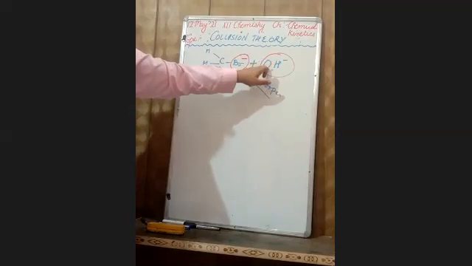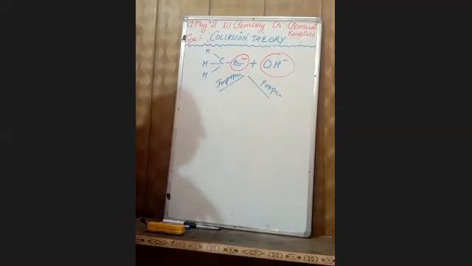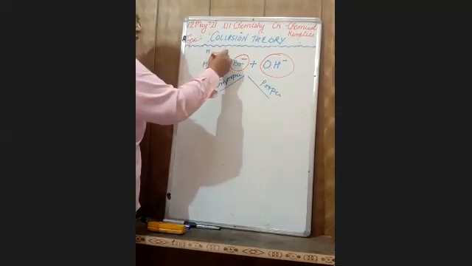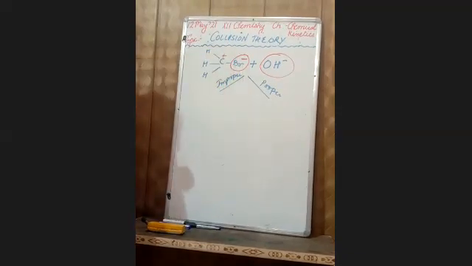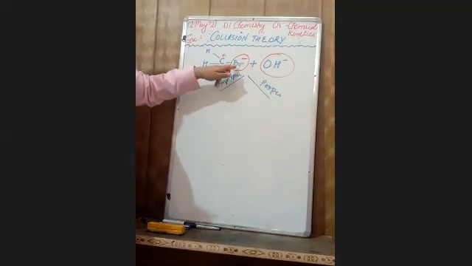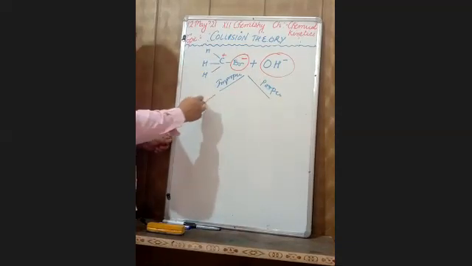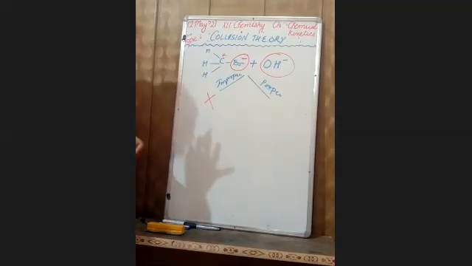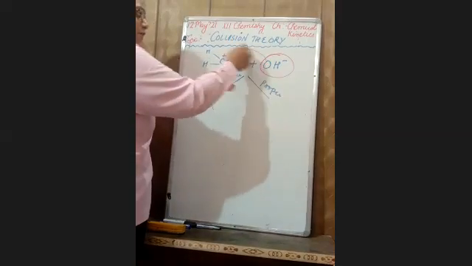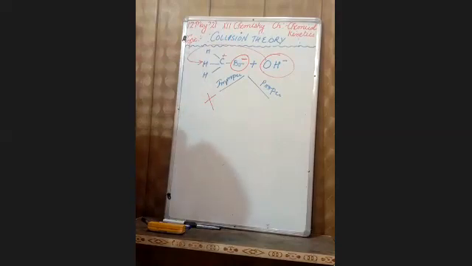Whenever the hydroxide attacks in front of the bromide ion, because here bromine is having negative charge and carbon is having positive charge, whenever we attack OH negative from here directly, it will not form product. But when OH negative attacks from the back side, from this side, what will happen?